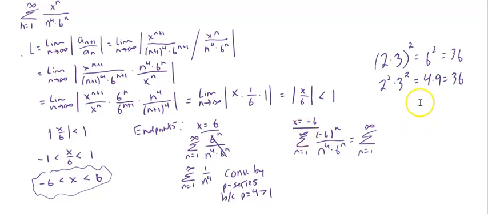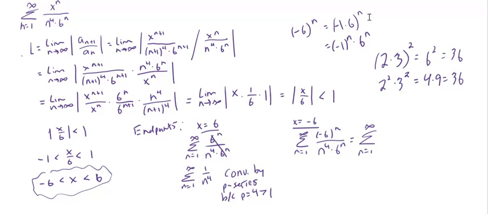So what I'm trying to say here is that I can write this as a sigma. I'm going to change the way that negative 6 to the n looks. That's the same as negative 1 times 6 to the n, which is in the form of this thing right here. I can write that as negative 1 to the n times 6 to the n, and the reason I can do that is because this is the same as that, and all of the operations work in the same way here.